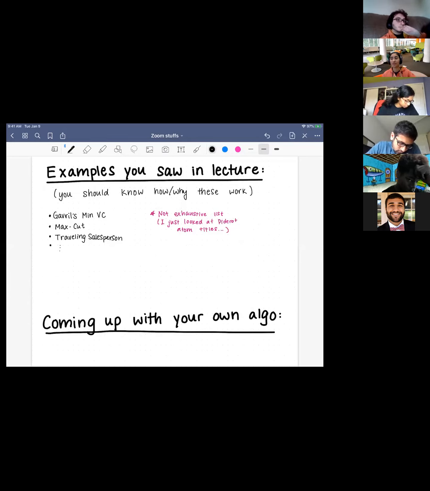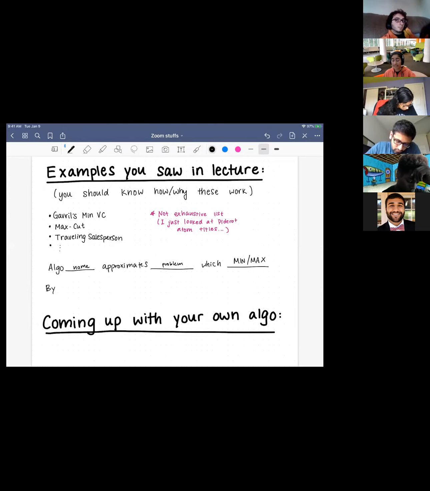I would say for each one of them, you should have a pretty good understanding about how and why they work. So in other words, you should be comfortable figuring out, okay, algorithm, insert name, approximates what problem, and is it a min problem or a maximization problem?